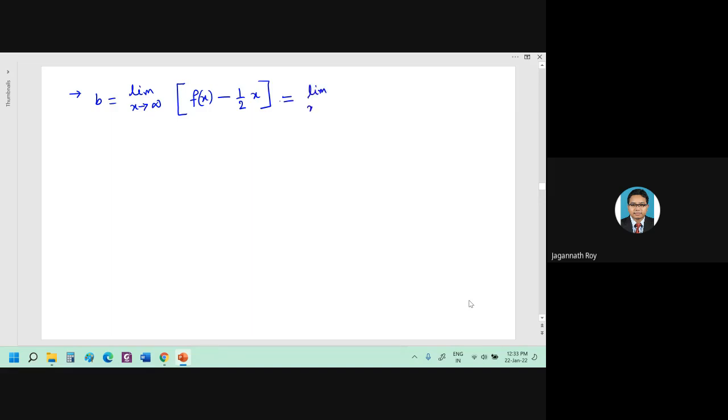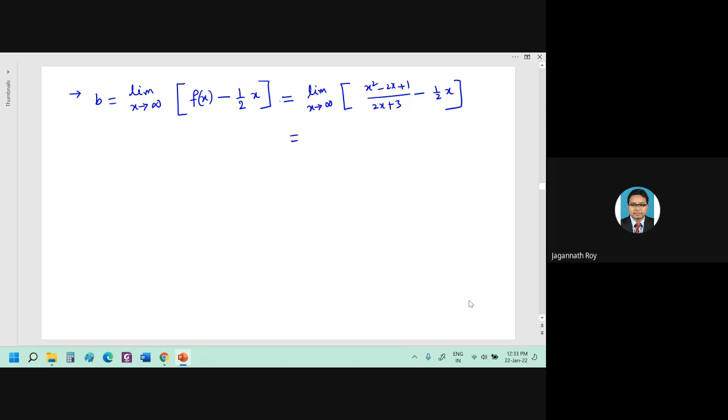limit x goes to infinity, f(x) is (x square minus 2x plus 1) divided by (2x plus 3), then minus half of x.